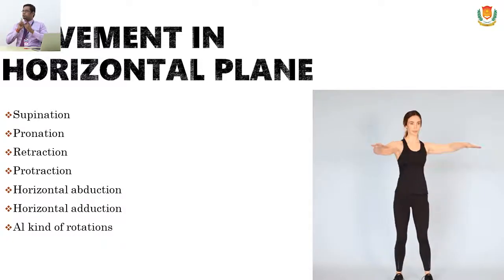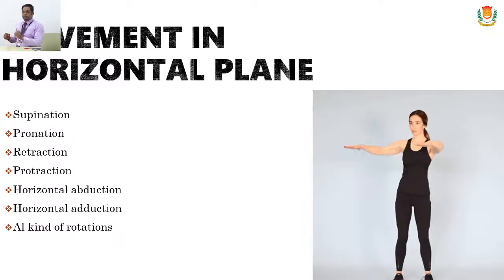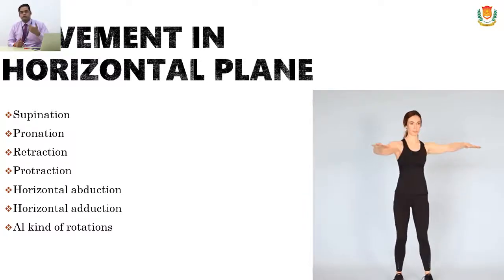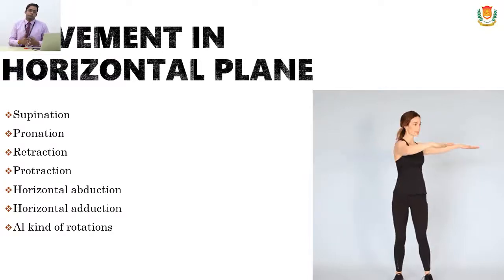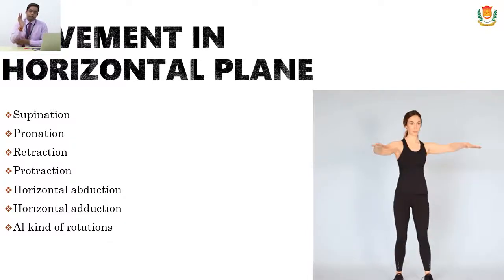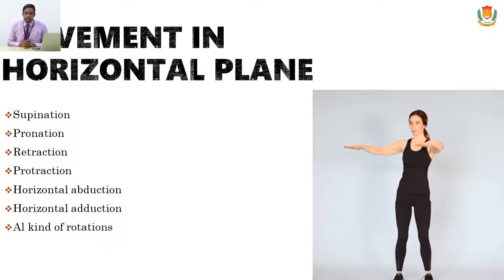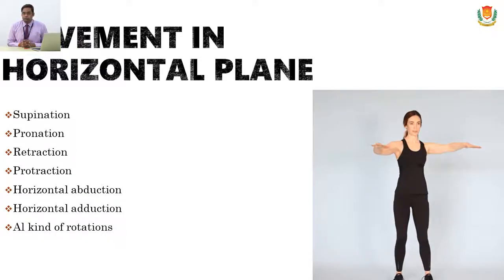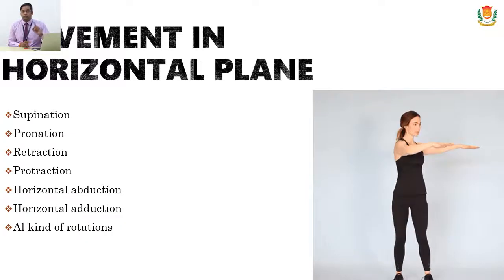It can be cervical rotation, lumbar rotation, or thoracic rotation. All right, the rotation of all these spines, the spinning movement of your shoulder, and the supination pronation movement of your forearm come under the umbrella of your horizontal plane or the transverse plane, which happens around the vertical axis.